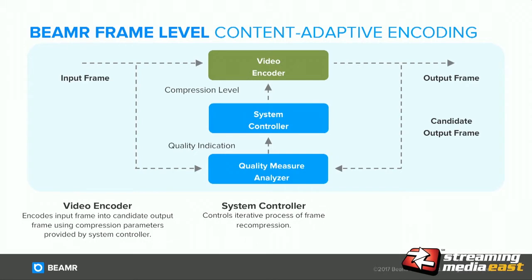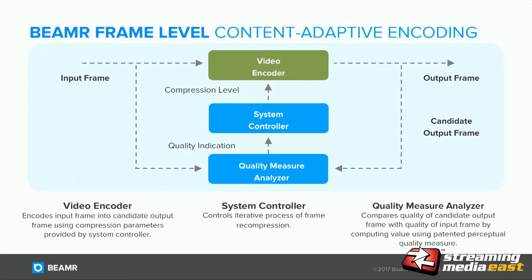The system controller basically is, as the name implies, and obviously the description is simple, the implementation is complex, but this controls the iterative process of how we're doing our frame level recompression. And that is what's happening. This is an iterative process, and that's very, very unique. And then the quality measure analyzer is, of course, what is correlated to human vision.